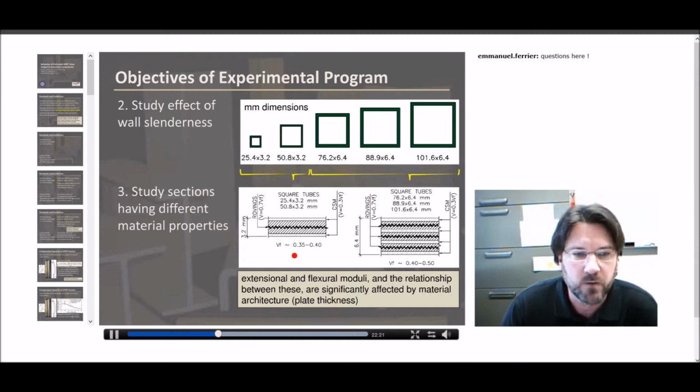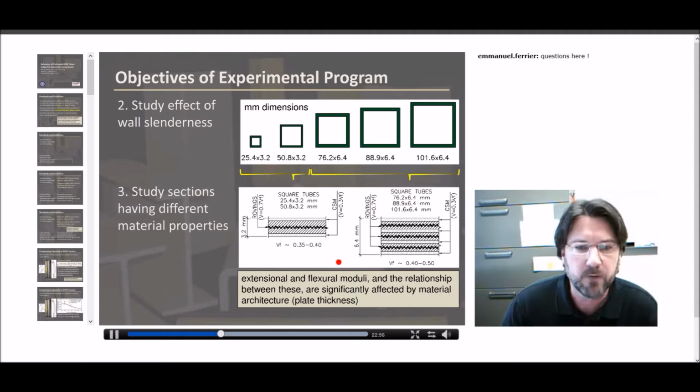Because what we're interested in when we're talking about compressive behavior is not only the axial or extensional modulus, E times A, but also the flexural modulus, E times I. And while E times A is proportional, we can talk about simply the fiber volume ratio for either of these architectures. It should be fairly clear that the modulus EI, or the moment of inertia I of the 6 millimeter wall shape, is going to be significantly different than that of the 3 millimeter wall shape.